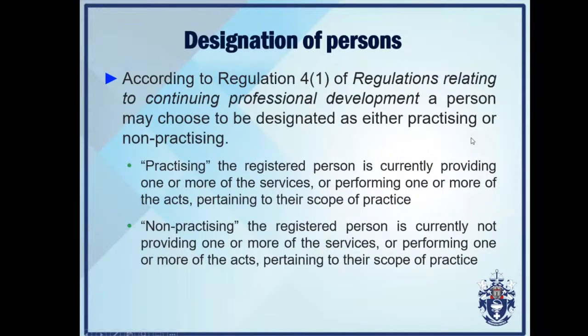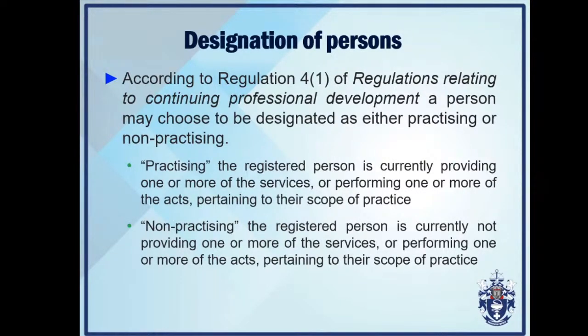How designation works is that a practicing pharmacist is a registered pharmacist who is providing one or more of the services or performing one or more of the acts related to the scope of practice of a pharmacist, and as a result is required to comply with the CPD requirements.